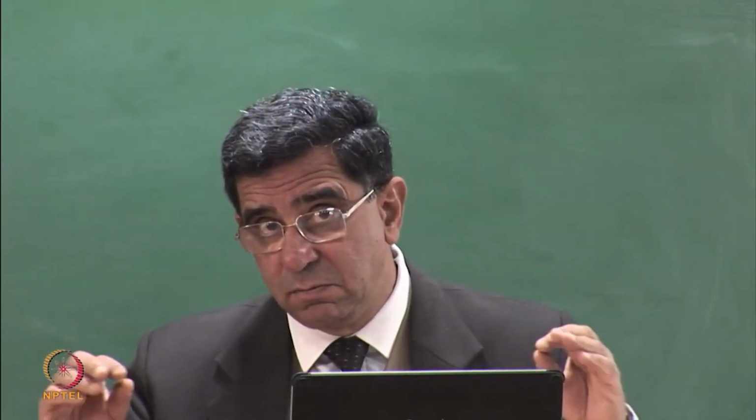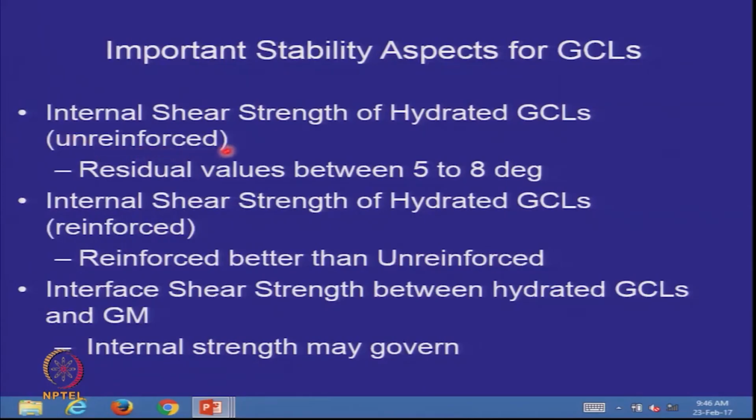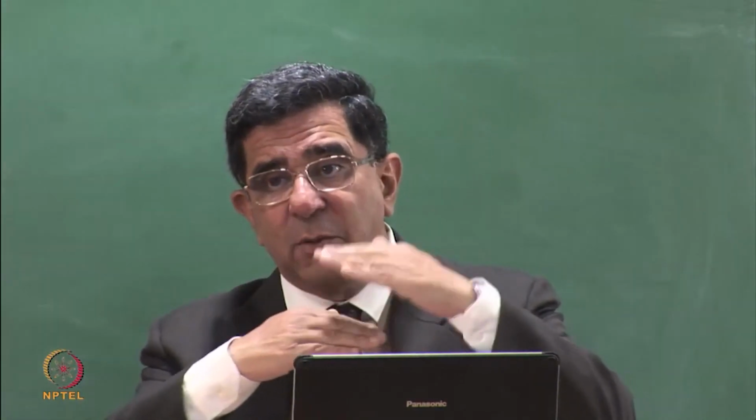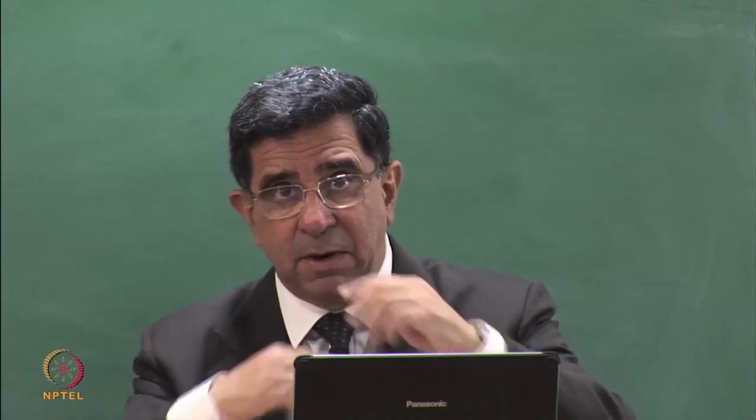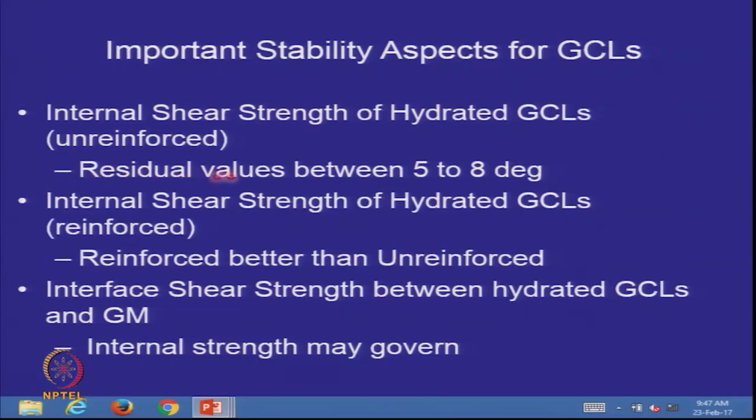So when you are going to use a GCL on the slopes, please be aware of this. Just like we started with smooth geomembranes, we started with unreinforced GCLs. That means they had the sandwich, there was bentonite between the two geotextiles, but the residual strengths were very, very low for hydrated GCLs.